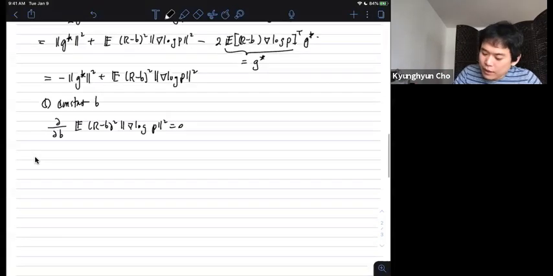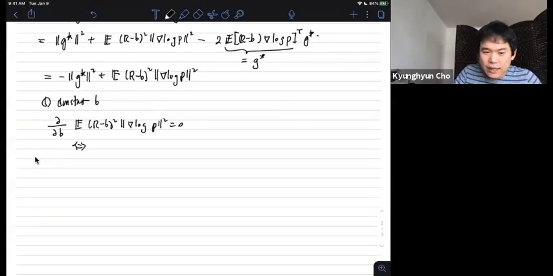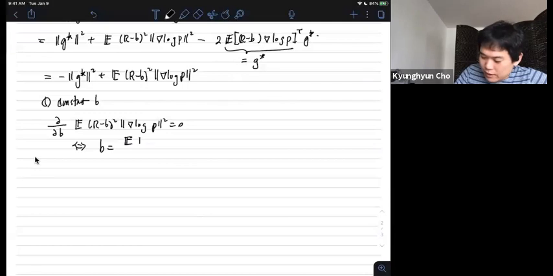And it turned out that we can indeed do this. Because of this square term, this is in fact a convex function with respect to B. And then the optimal B in this case, which is very interesting, is going to be the expectation of R times the square norm of the gradient of log P, over the expected square norm of the gradient of log P.